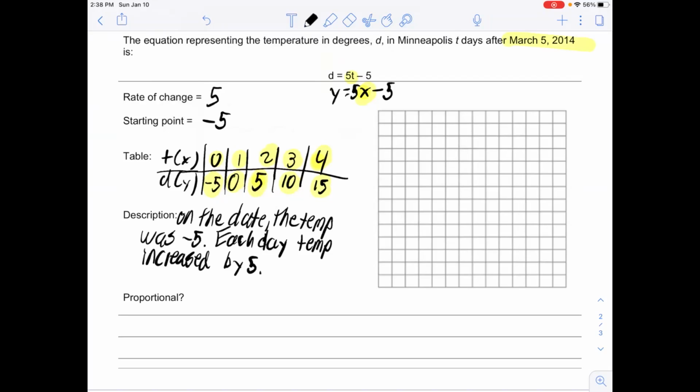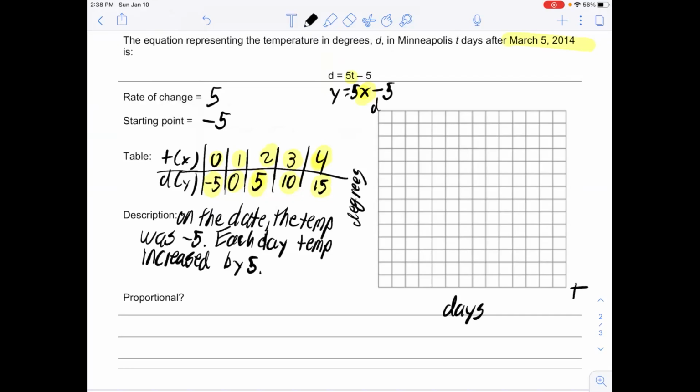So now I can graph this. My T in days is over here, and my D for degrees will be over here. Now, one thing that I see here is that I have a 0, -5.